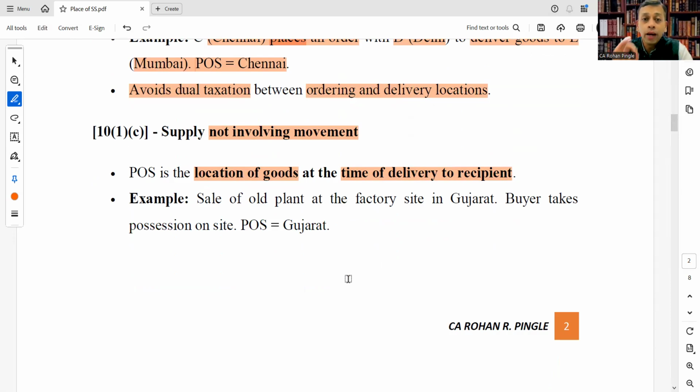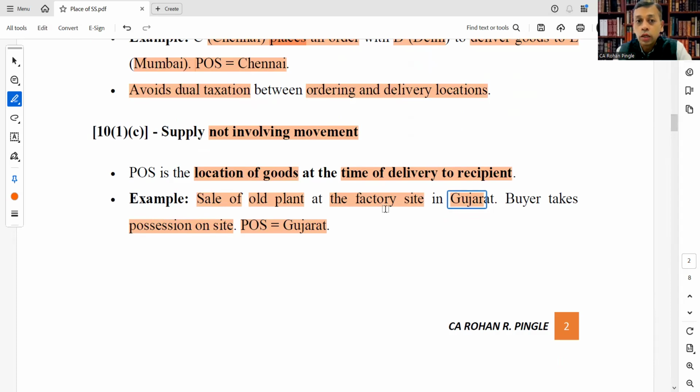Sale of old plant. Sale of old plant means goods are not moving. Sale of old plant at the factory site in Gujarat, and the buyer takes possession on site. Place of supply would be Gujarat. Where is the old plant situated?